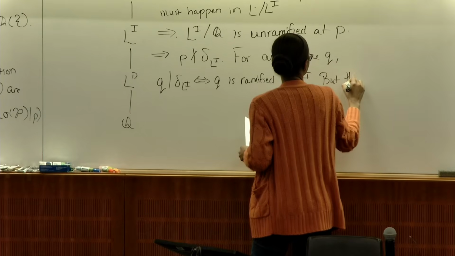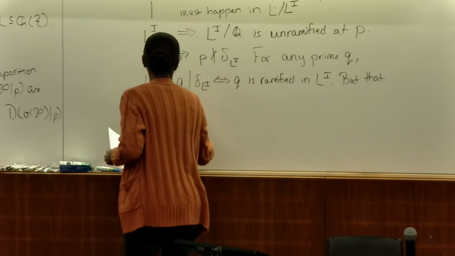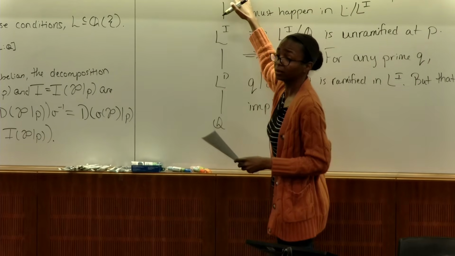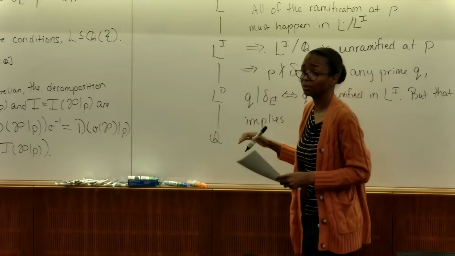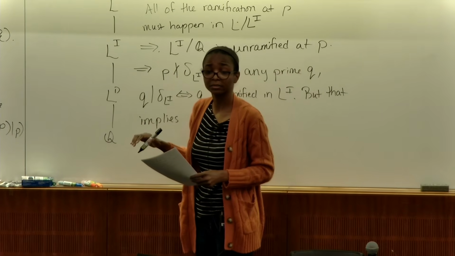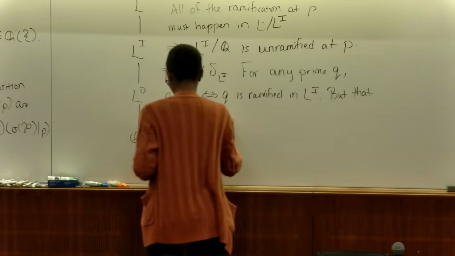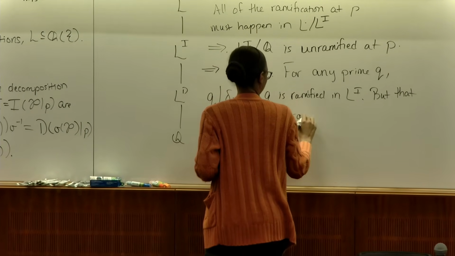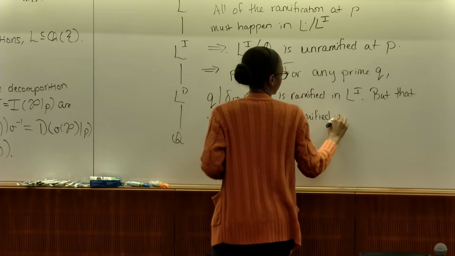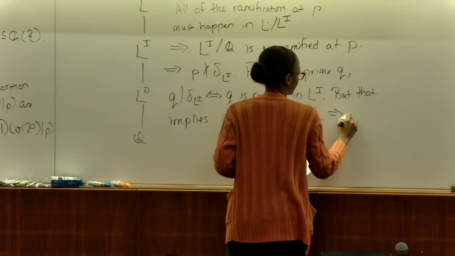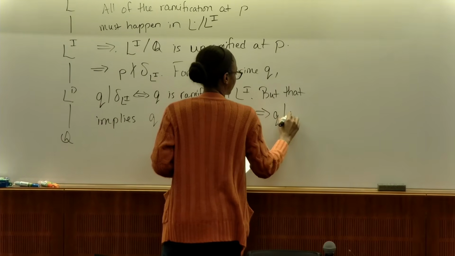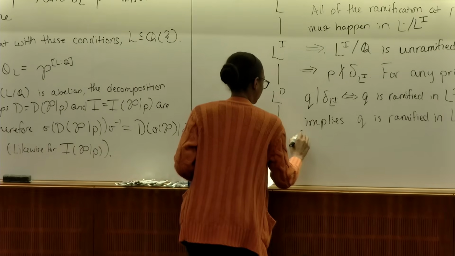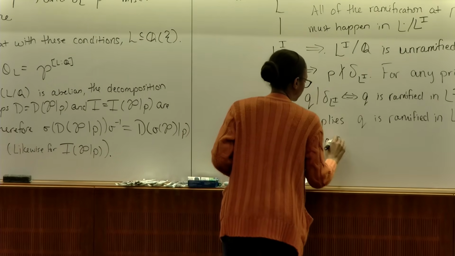But that would mean that Q is also ramified in L, which means that Q has to be P, but we just said that P is unramified in Li. So Q would be ramified in L, which implies that it divides the discriminant of L. That means that no such Q exists.